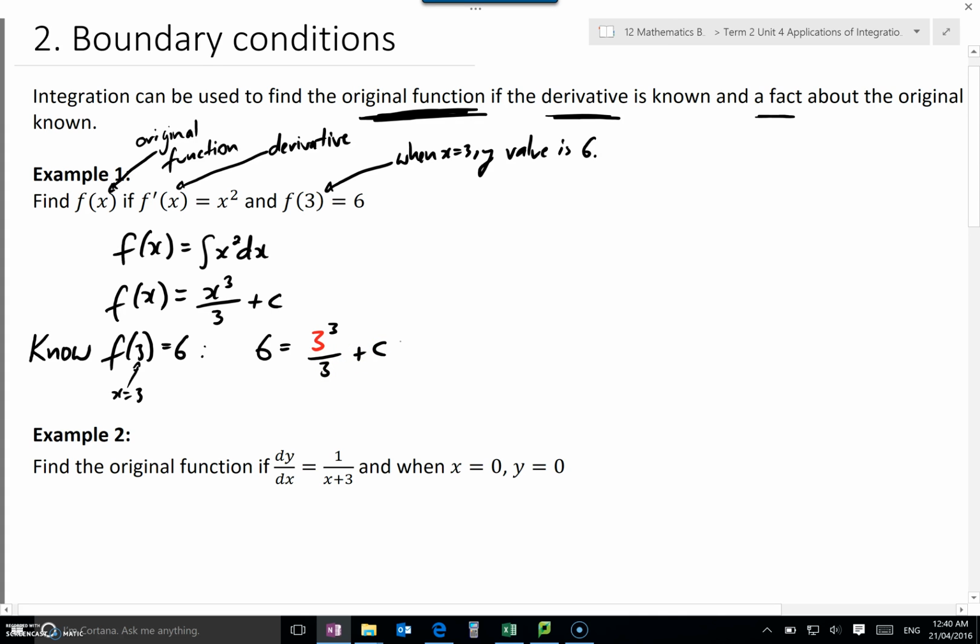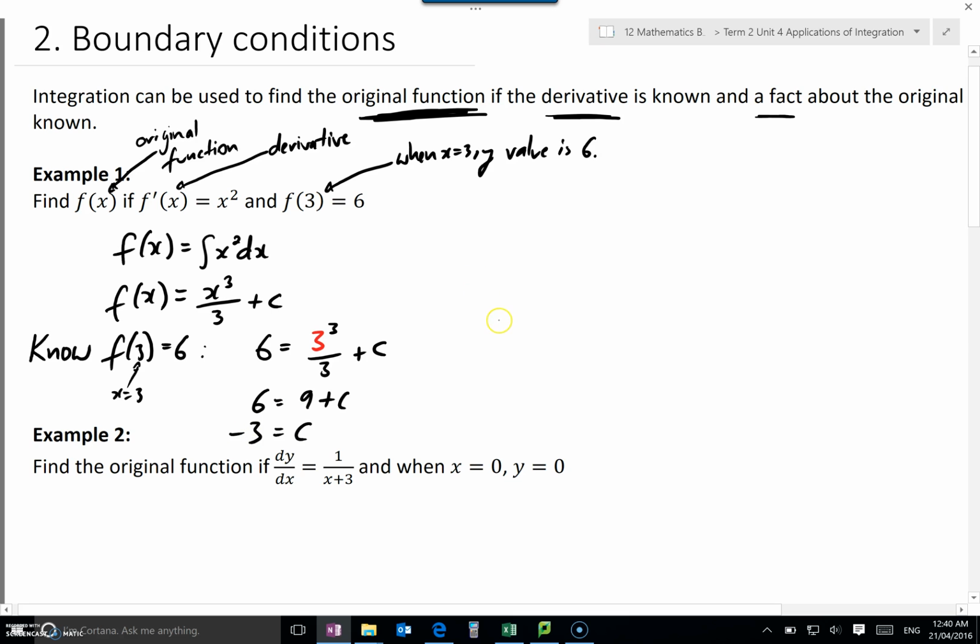I can then solve for c. 6 equals 3 cubed, 27 divided by 3, 9, plus c. So my c value is going to be minus 3.